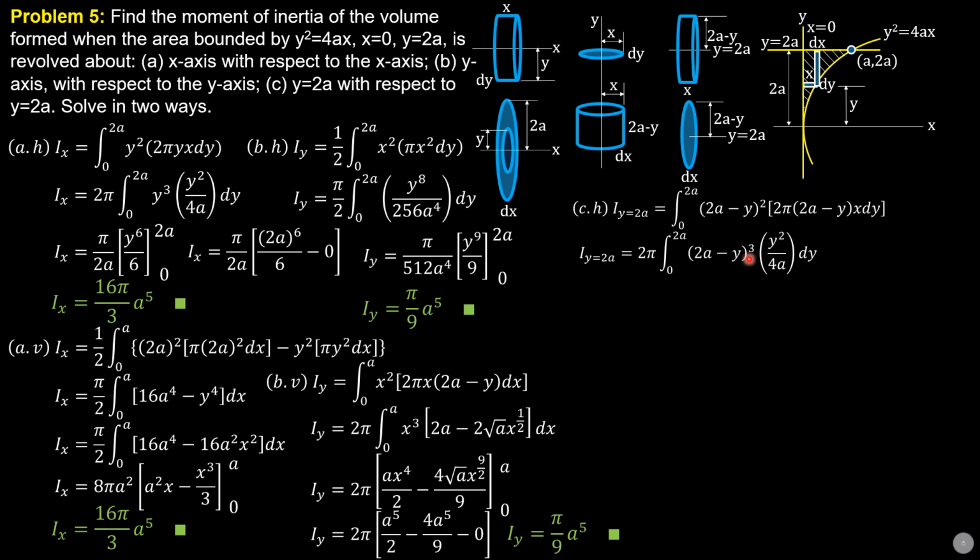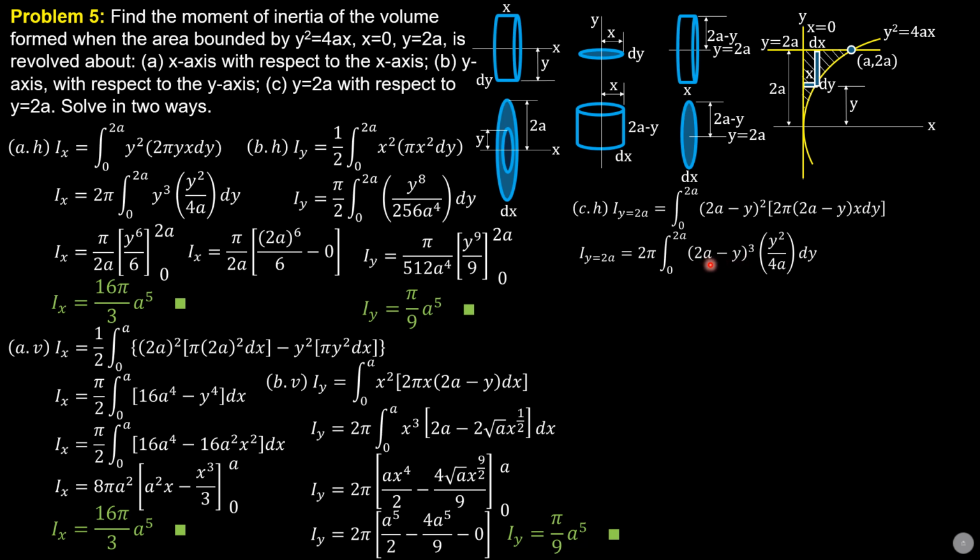The second term in this expansion is 3 times 2a squared, so that's 12a squared times negative y, then times y squared, so negative 12a squared y cubed, the second term. The third term is 3 times first term 2a, 6a, times the square of the second term, negative y squared.